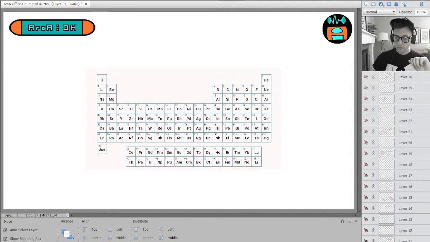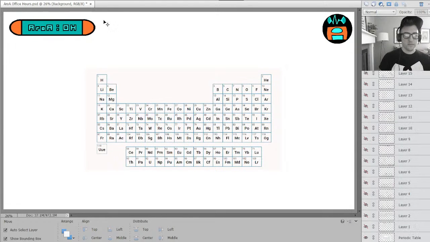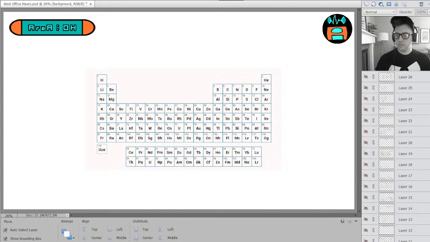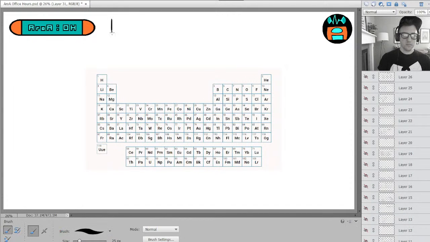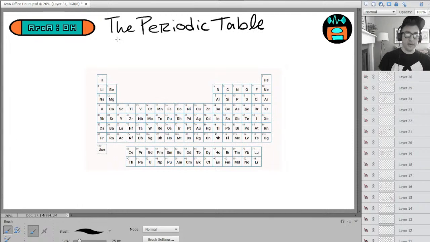There are certain elements, to make a chemistry pun, of the periodic table that you need to be familiar with. There are certain features and regions that you need to be aware of and familiar with.